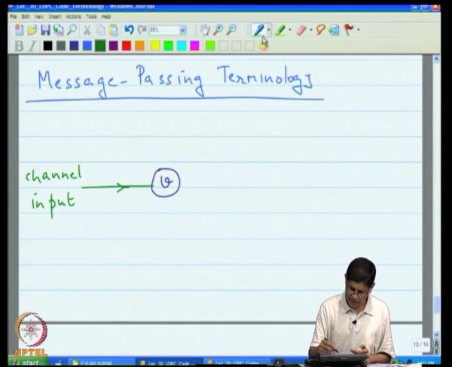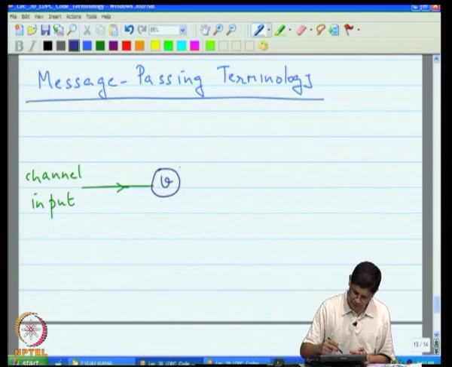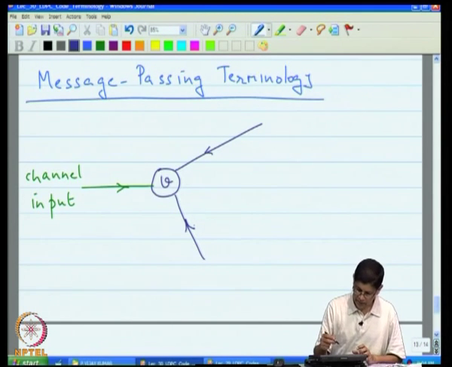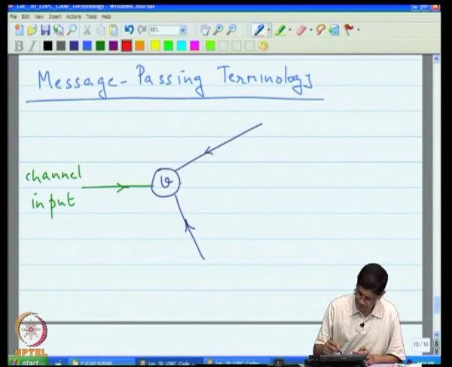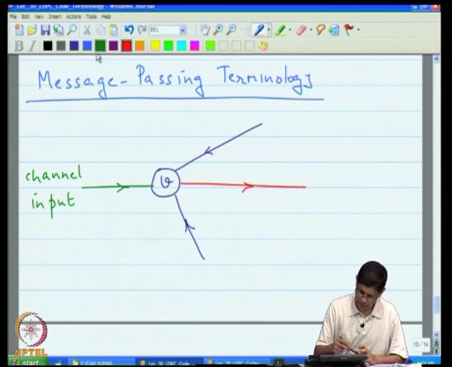And then on the other hand, it also receives input from the check nodes. And what it does is that it sends back a message to the parity nodes.